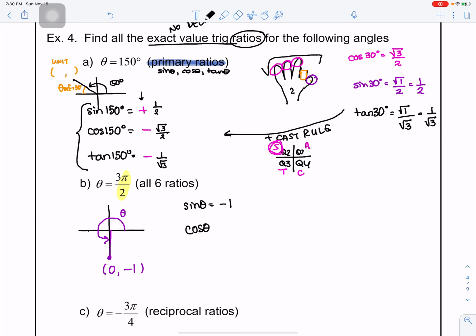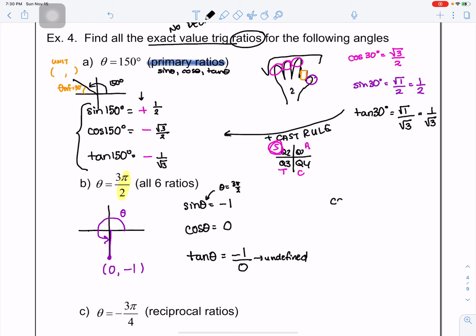My cosine of theta is my x-coordinate, which is 0. And my tan of theta is going to be my y divided by my x, which means that my tangent ratio is undefined. And all of these thetas are 3 pi over 2.